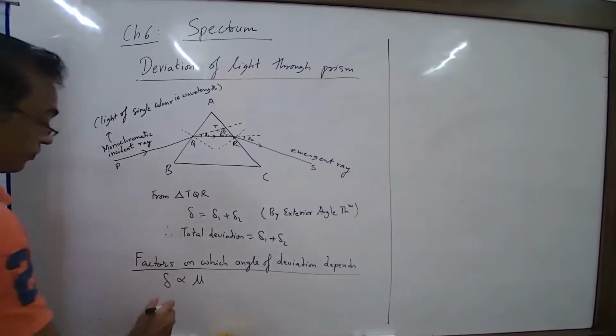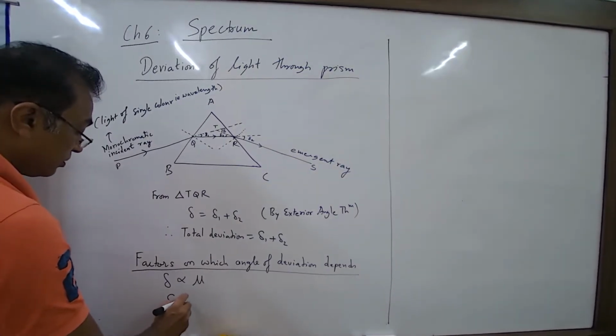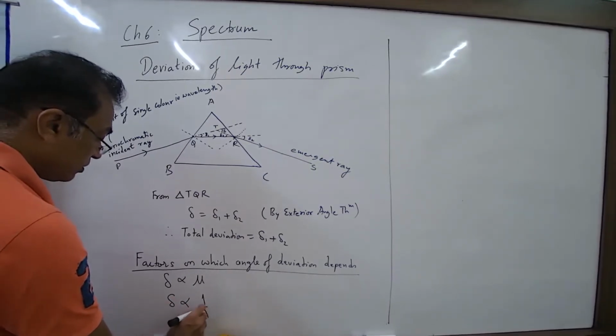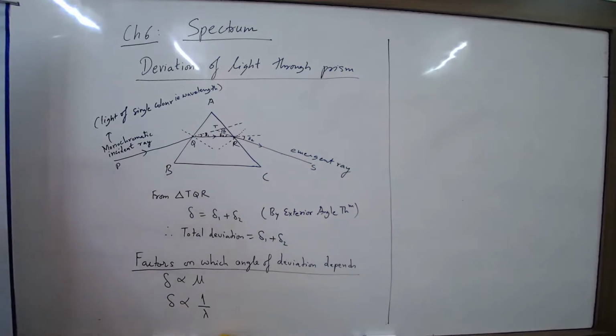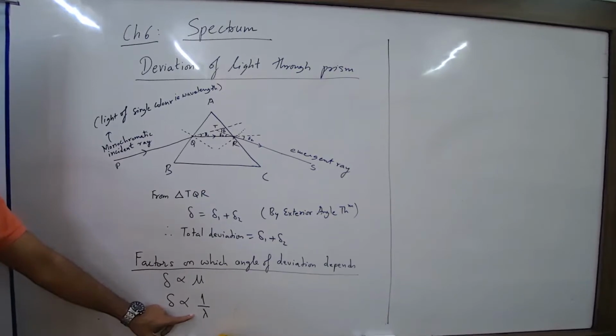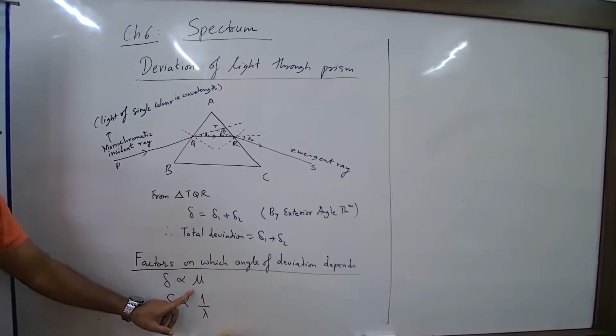Okay. So deviation will depend on wavelength, right? But it is inversely dependent on wavelength. Because if wavelength increases, what happens? When the wavelength increases, then the refractive index decreases.